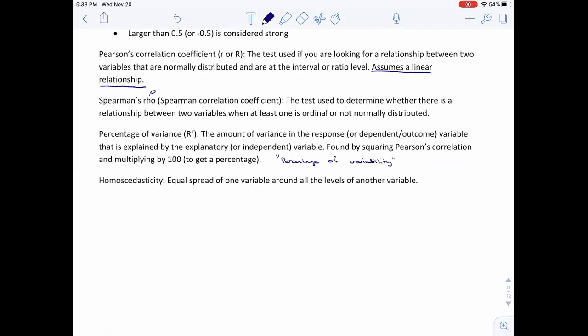That's your correlation squared. But then because it's a percentage, you're going to have to multiply it by 100 to get a percentage.